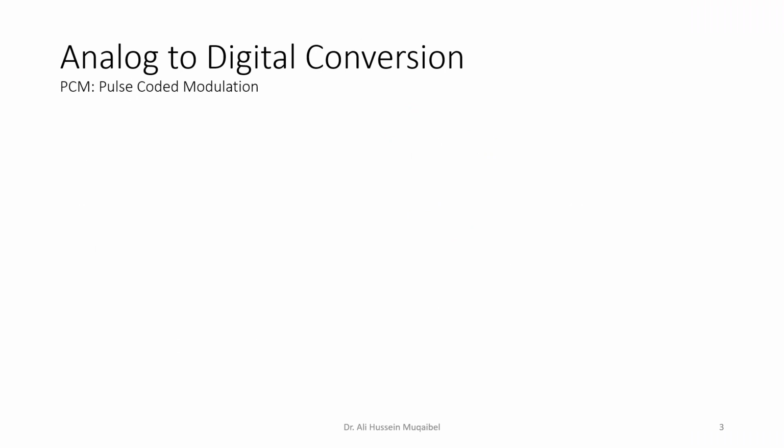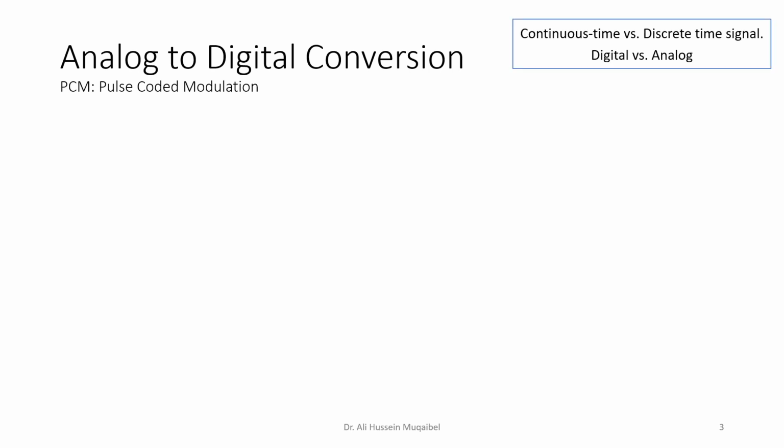In the following diagram on the following slide, I'm summarizing the basic steps in analog to digital conversion. So we start with an analog signal and would like to go into digital. If you don't know the difference between continuous time versus discrete time, then you might visit our previous videos in the review of signals and systems to find out the difference between continuous time and discrete time signals, and the difference between digital and analog signals.